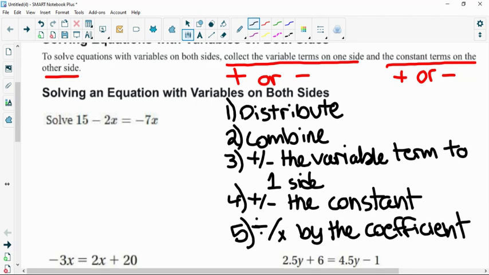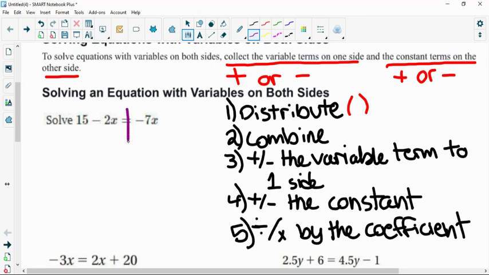Looking at the 5 steps, we do not have any use for the distribute step here. And remember that even though there's 5 possible steps I've laid out, you will probably not use all of them for most of the equations that you solve. In this case, I don't need to distribute because there are no parentheses.